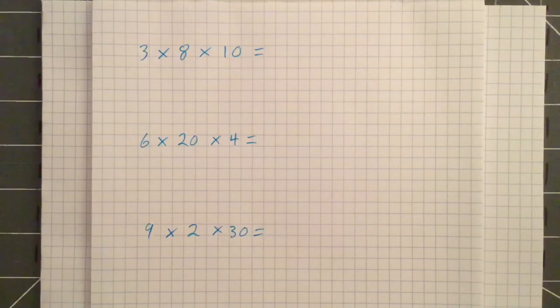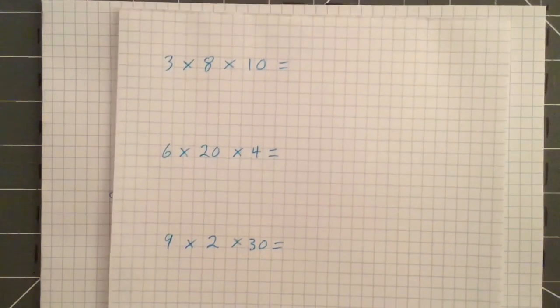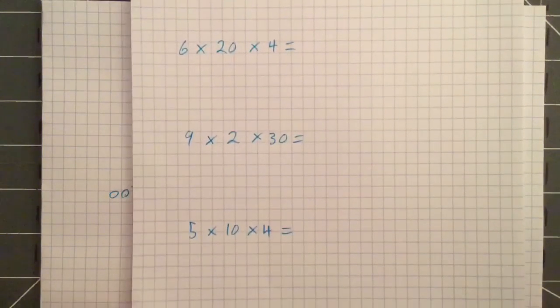All right, ladies and gentlemen, for the associative property, you have an assignment. Now, you can get this assignment to me by creating a Google document and typing up your equations that way. You can get this assignment to me by writing it out on a piece of paper, taking a picture of it, and sending it to me. Here's the assignment. You've got 1, 2, 3, 4 equations.